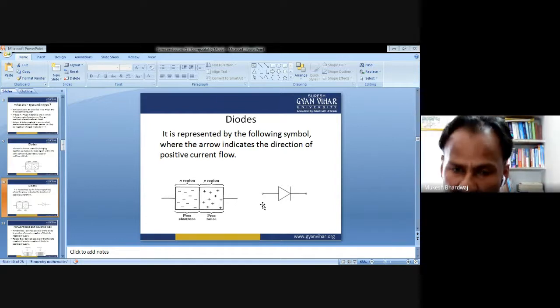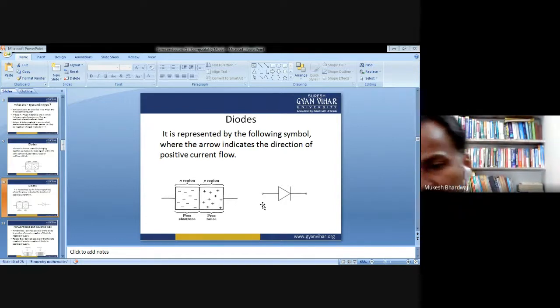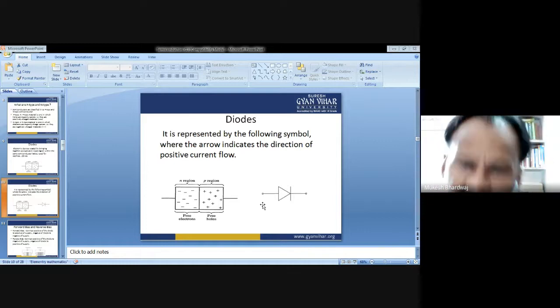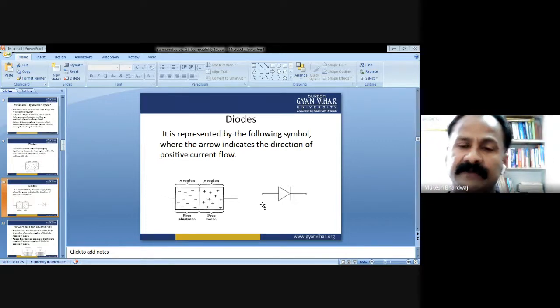Basically, the definition of a diode is: a diode is a semiconductor device which behaves like a valve.